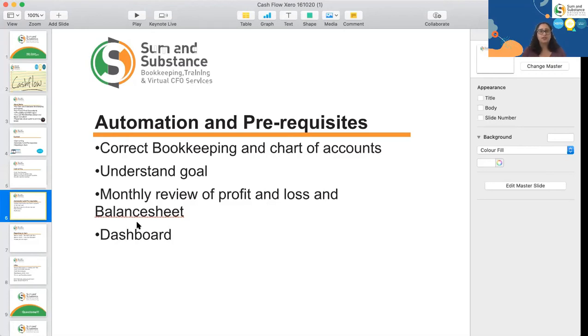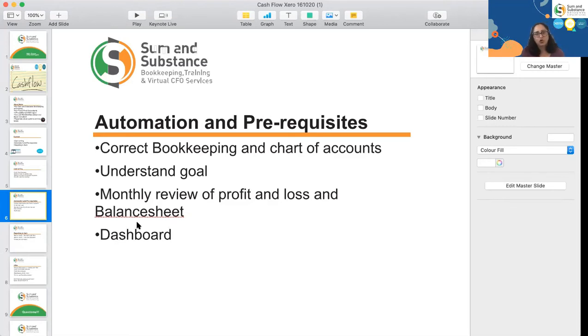So many times we will see a client purchased something small, maybe a calculator. Because they're not sure, they will put that into office equipment, but that's not an office equipment. It's a small $100, $200 expense, right? Whereas sometimes you see there's a $20,000 equipment which has been expensed, which should have really been an asset.